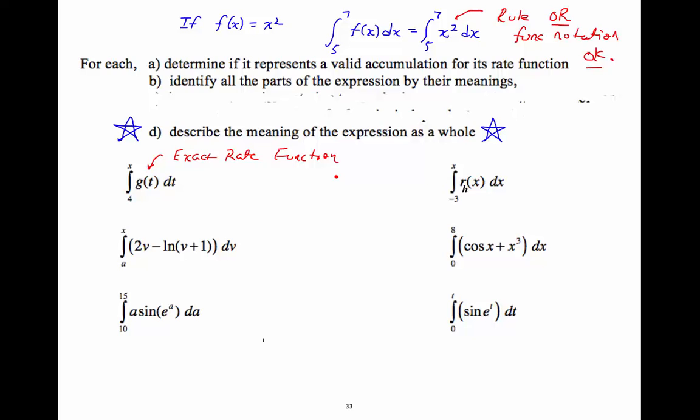G of t times dt? G of t. Okay? So this is the accumulation of changes according to a rate of g of t starting from 4 until x. It's the accumulation of changes in our quantity whose rate of change function is g of t starting at 4 until x.